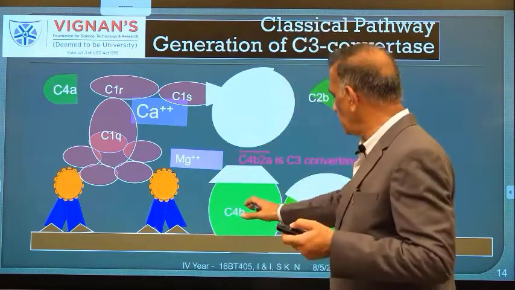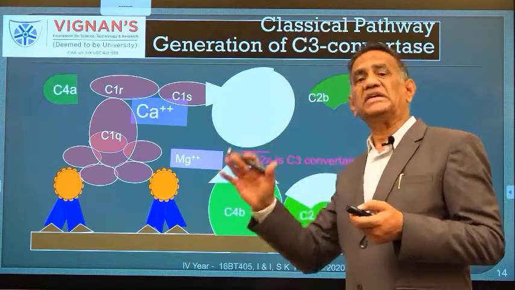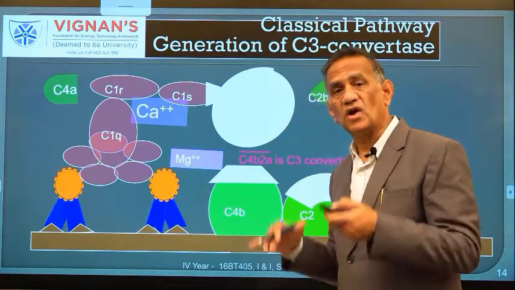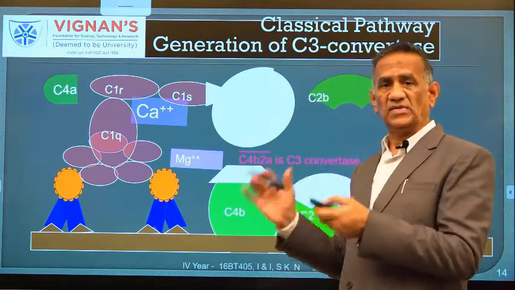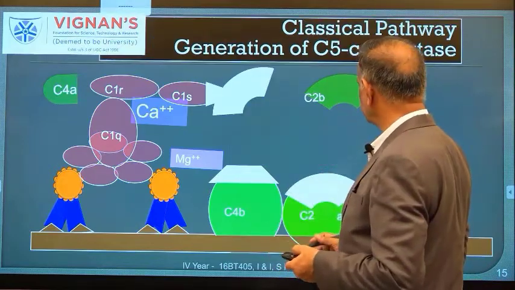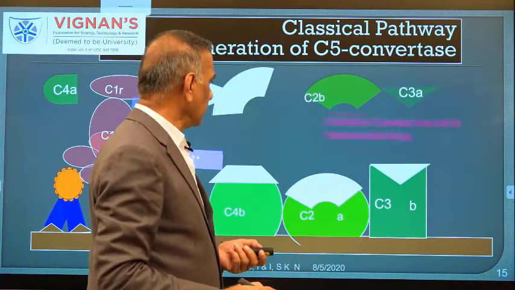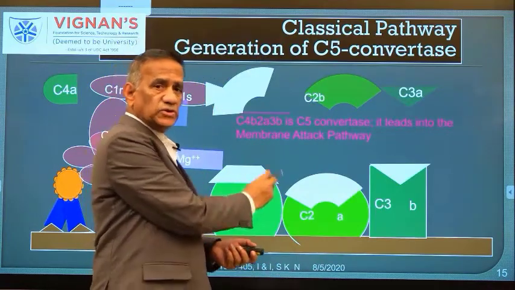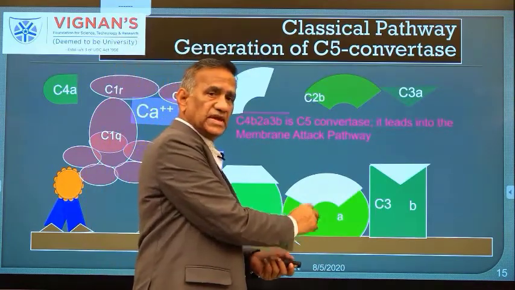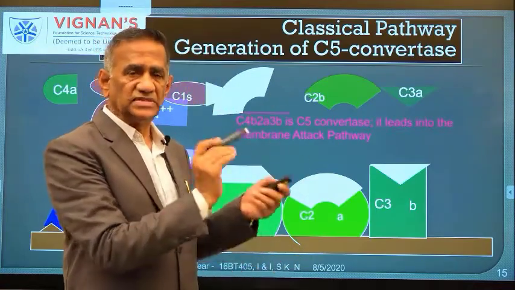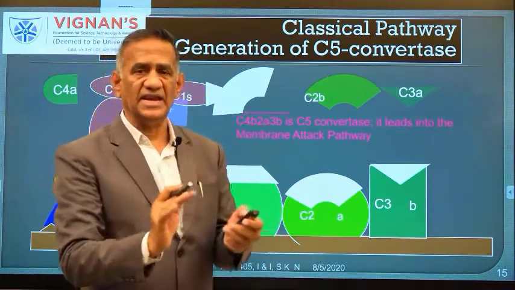Then C3 comes and needs to be converted to C3b. Now C4b, C2a, C3b is called C5 convertase. With this, the classical pathway ends.